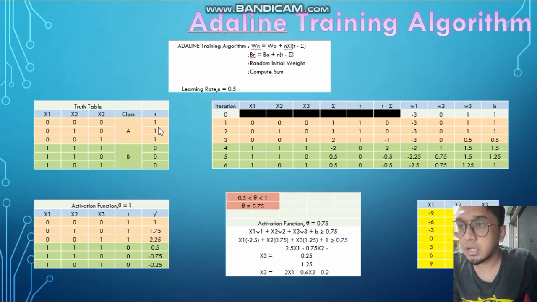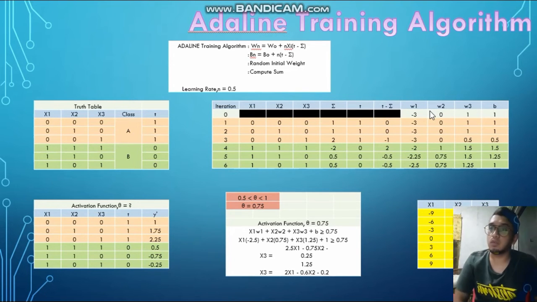So to calculate w1, we use the formula, which is w new equals w old plus n times the number of x, and then t minus the summation. Same goes for bias, which is bias new. So bias new is equal to bias old plus learning rate times t minus summation.